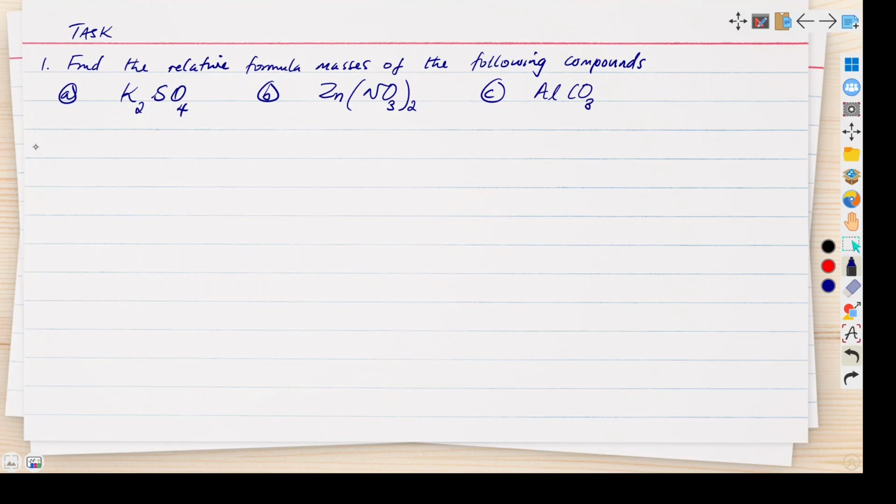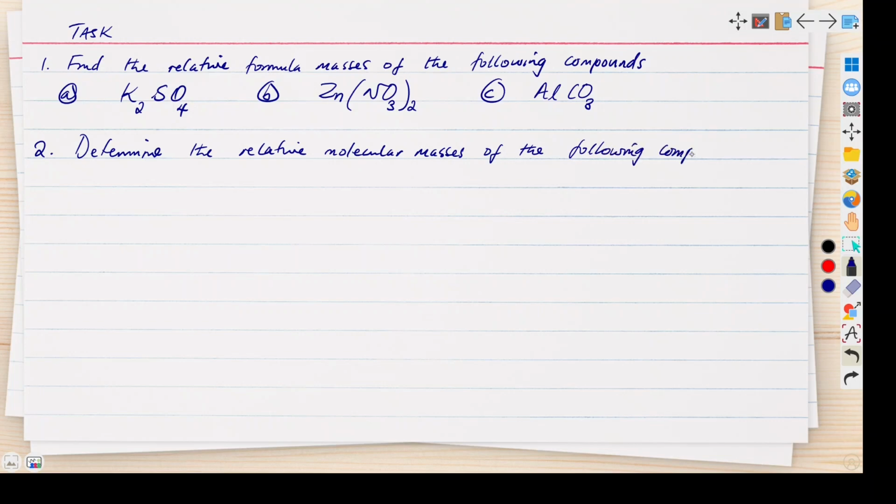Let me go to question 2, which says determine the relative molecular masses of the following compounds.